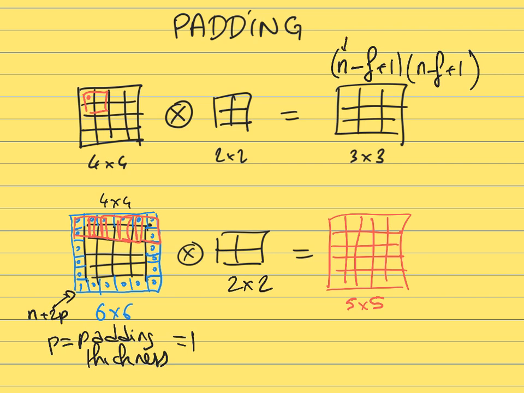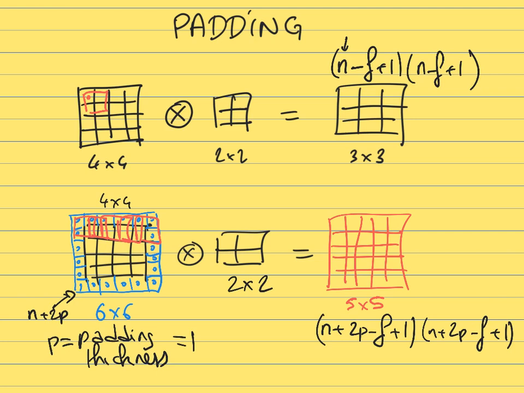We can just reuse the same formula, but replace n by n plus 2p. So the new output image that you will get will be n plus 2p minus f plus 1, and you will get this for the height and the width.